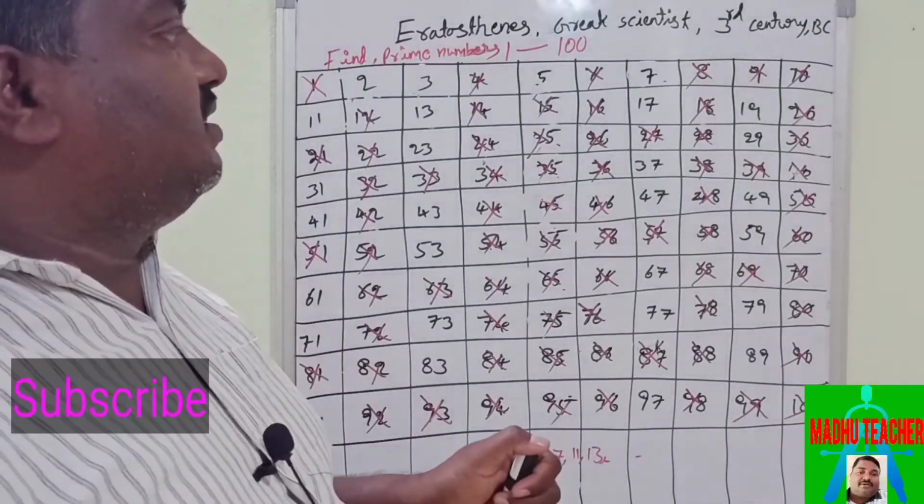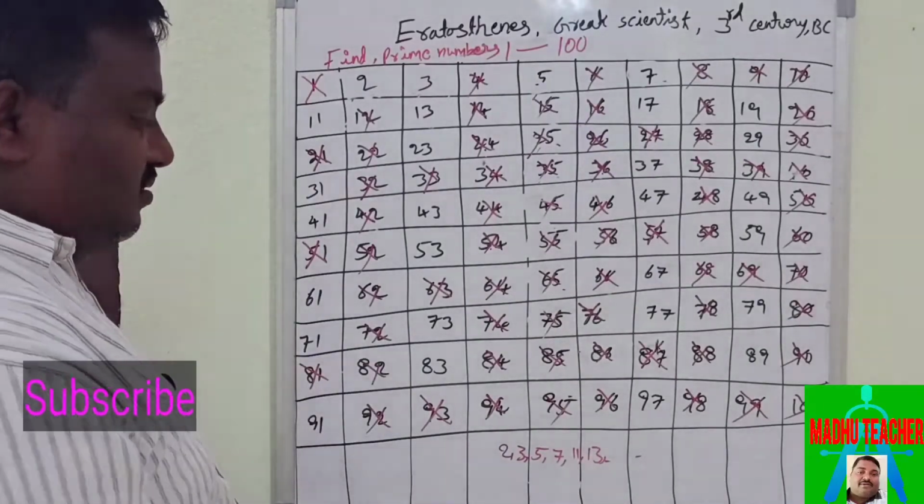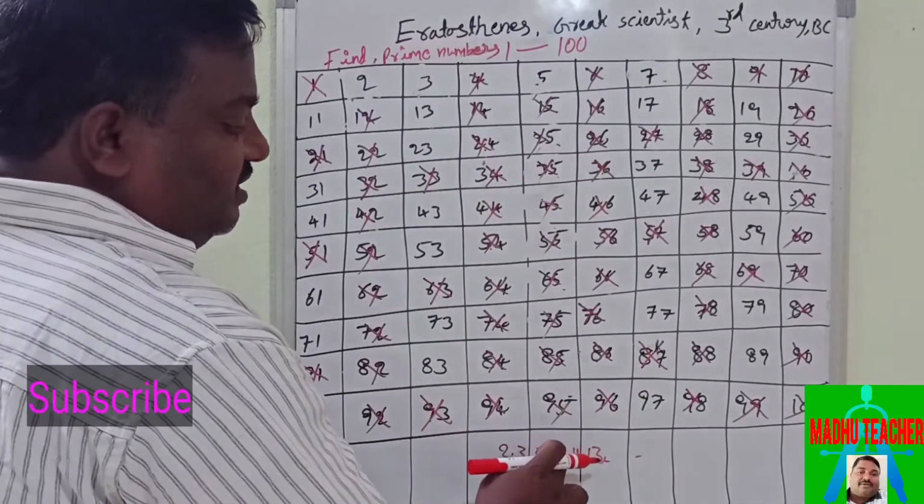Next with 7. You have to do this only with 2, 3, 5, 7, 11, 13.